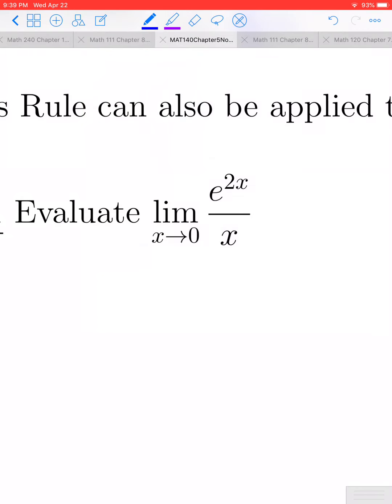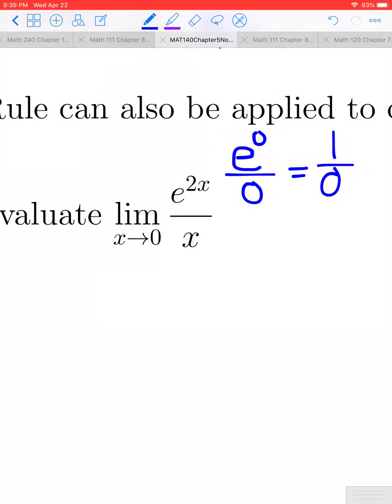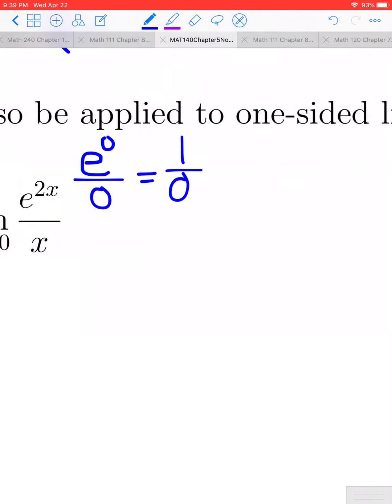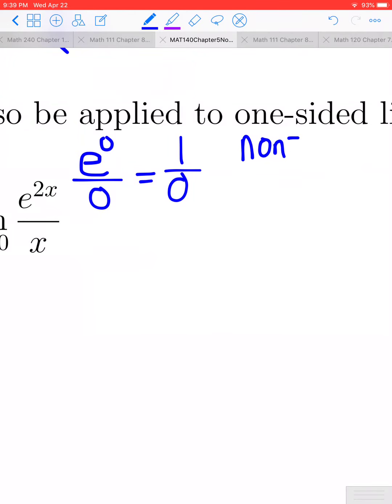As x approaches 0, notice that the numerator would approach e to the 0, which is 1, and the denominator would approach 0, so this is 1 divided by 0, which is not an indeterminate form. So we've got to be really careful here. Remember, non-zero over 0 is going to give us an infinite limit.